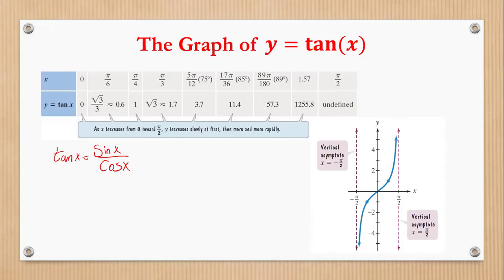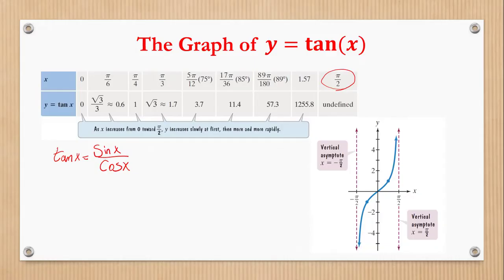So if I replace x with a number or an angle which makes the denominator of this fraction zero, it means the tangent is undefined at that point or those points. Like pi over 2, as you see on the table: if you replace x by pi over 2, the cosine of pi over 2 is 0, which means the tangent is undefined.